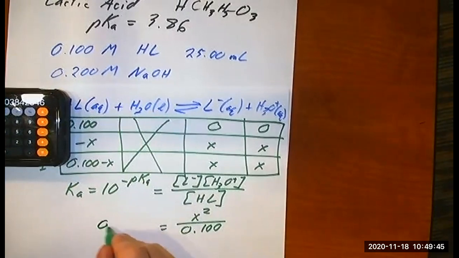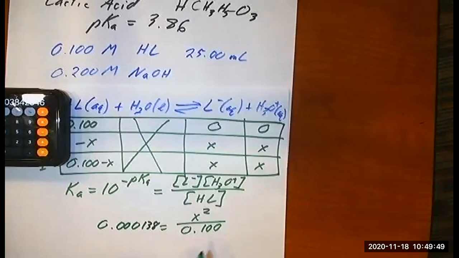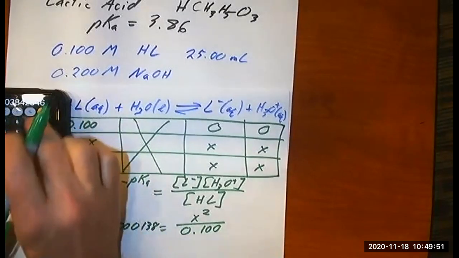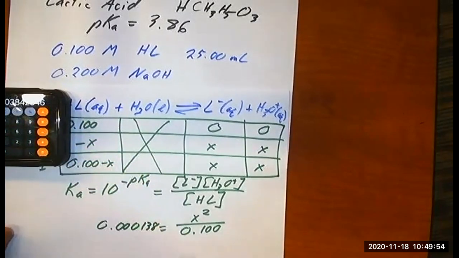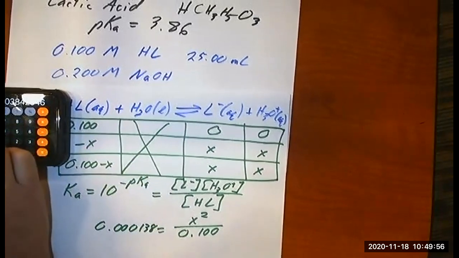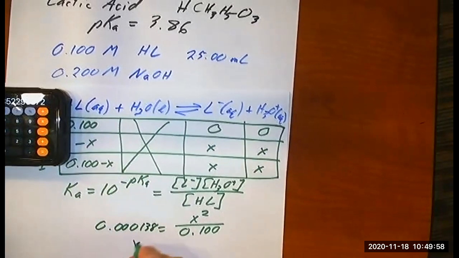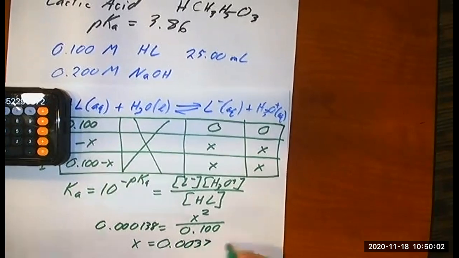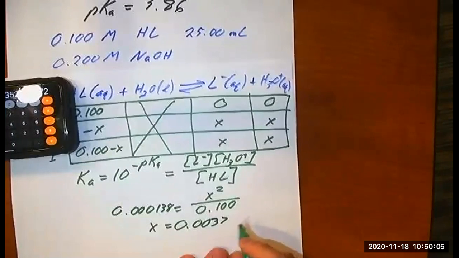This is 0.000138. We multiply that by 0.1, and we take the square root. So we find that x equals 0.00372.